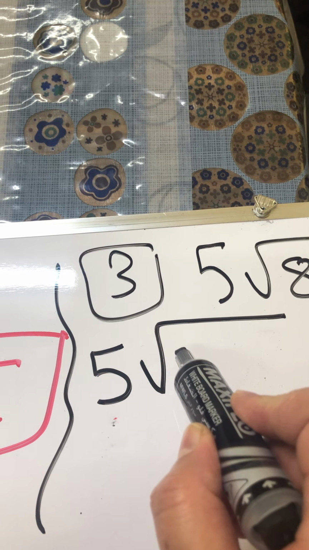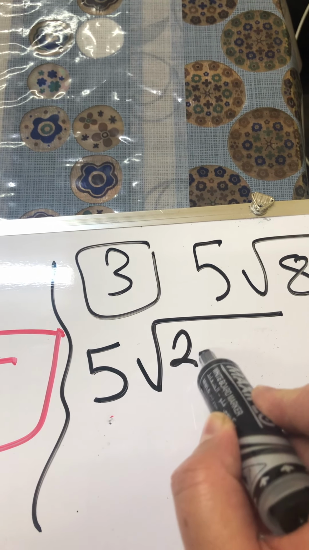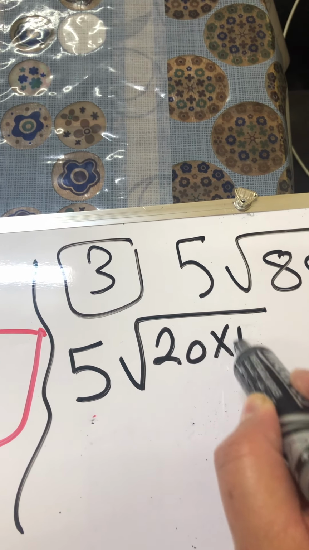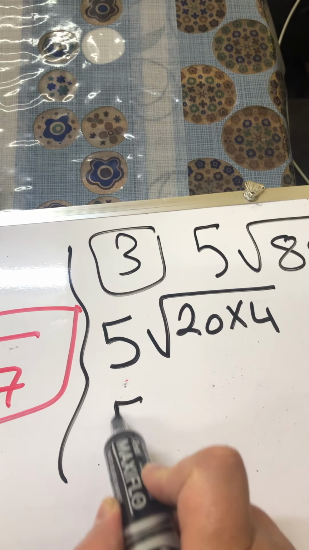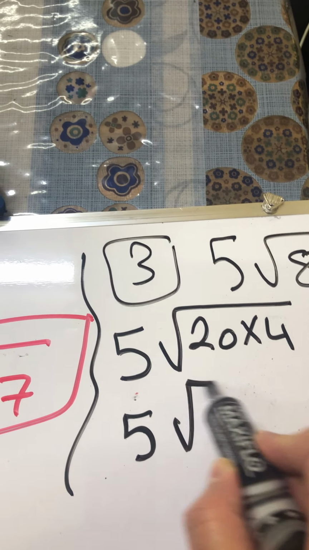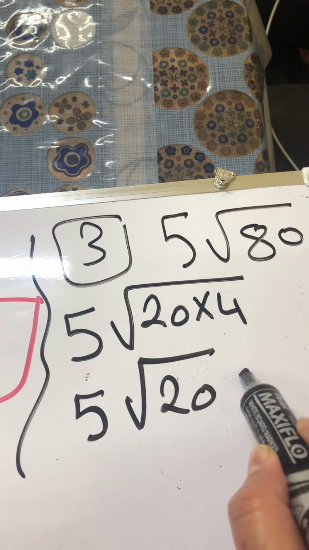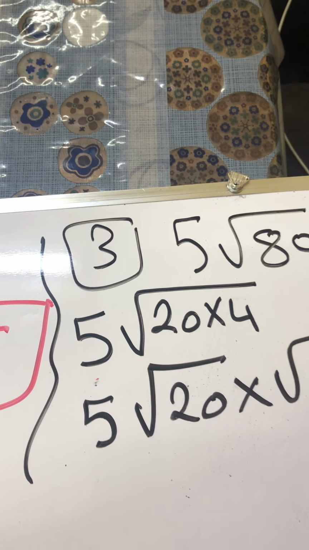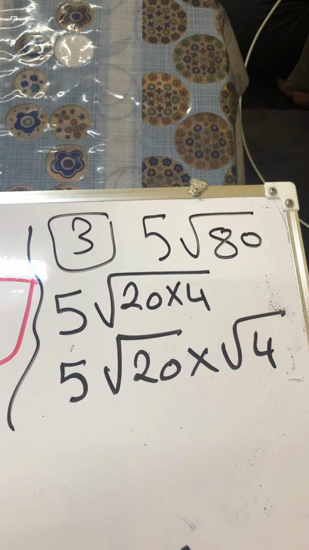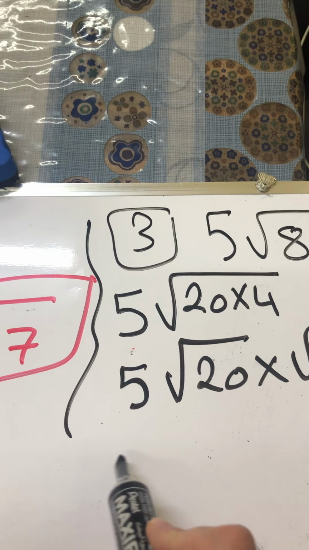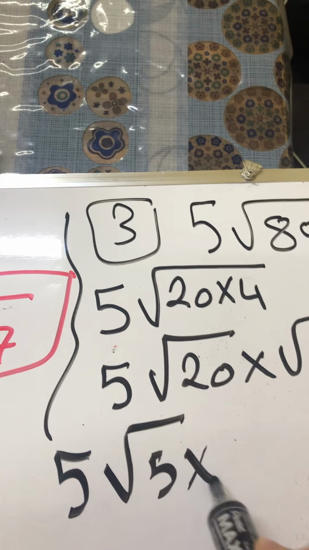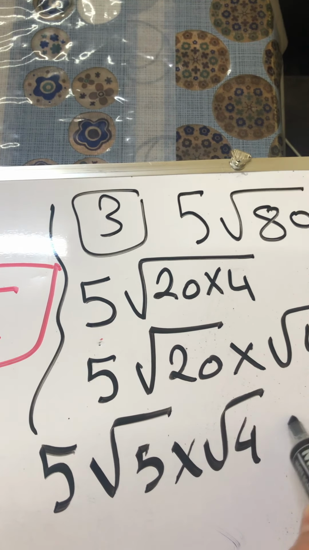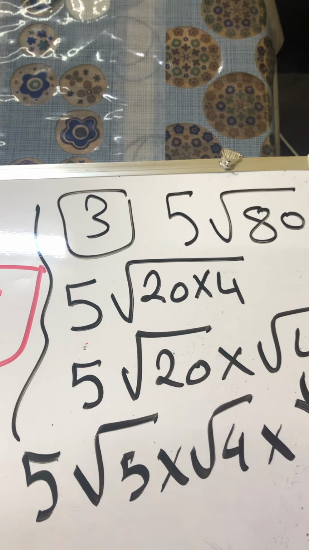We can make it 20 multiply 4. And this is 5 square root of 20 multiply square root of 4. But this 20, I can change it into square root of 5 times square root of 4.